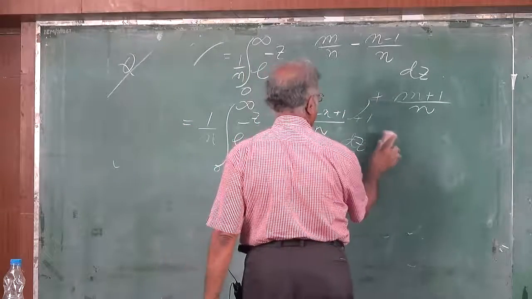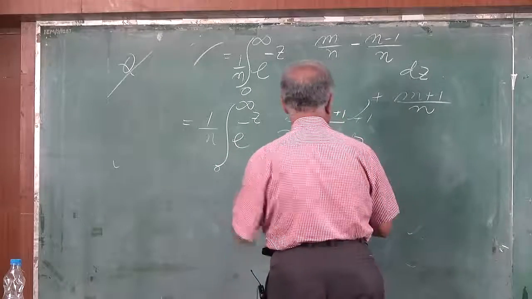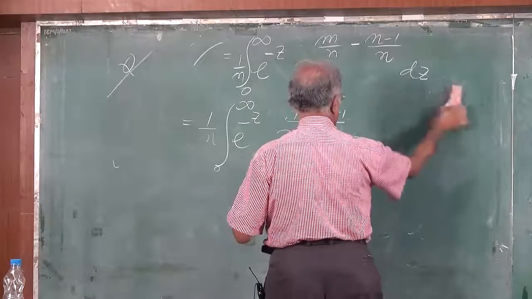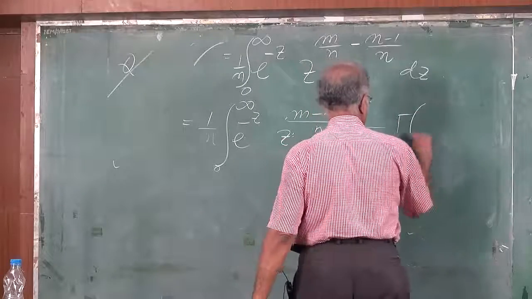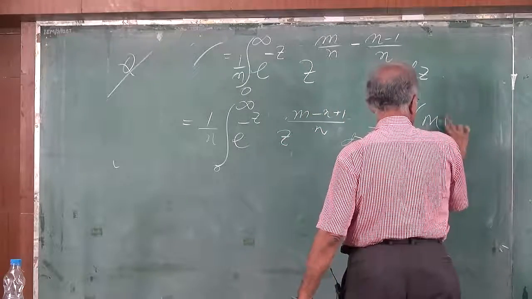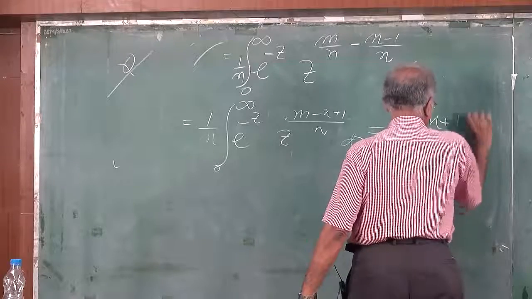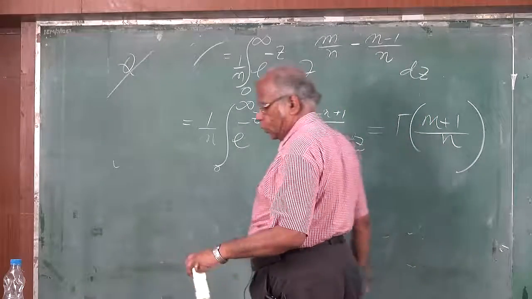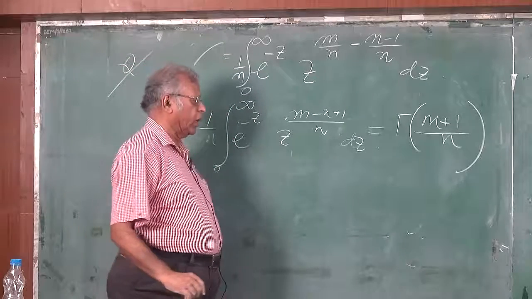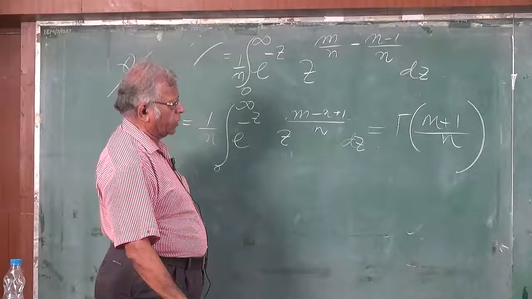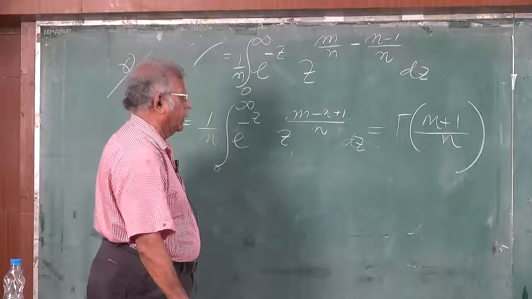That is my final result. Our friend here is nothing but gamma m plus 1 over n. So the original integral with which we started reduces to gamma m plus 1 over n.